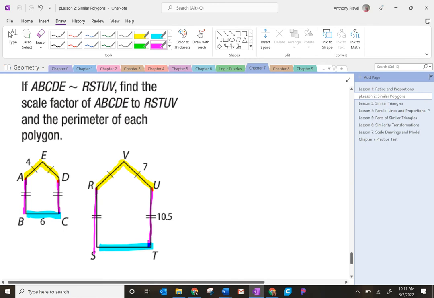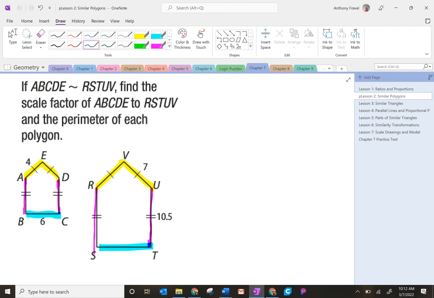Now I want you guys to talk me through this one. I want you to help me out and figure out how I could solve this one. All right, so it starts off and it says, what is the scale factor of A, B, C, D, E to R, S, T, U, V? Which one is going to be, of those shapes, which one will be my top number for the scale factor?